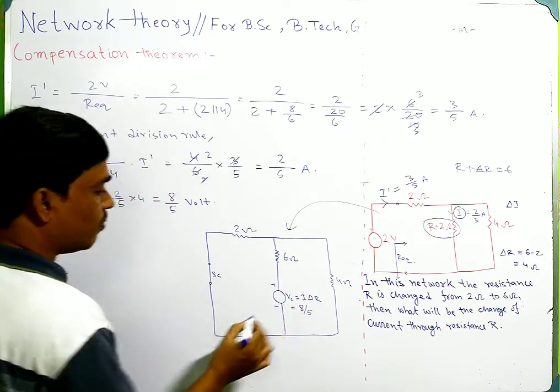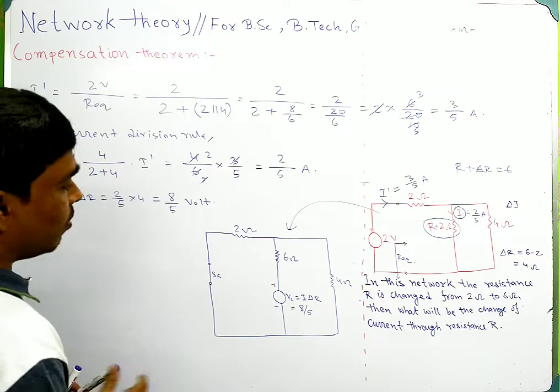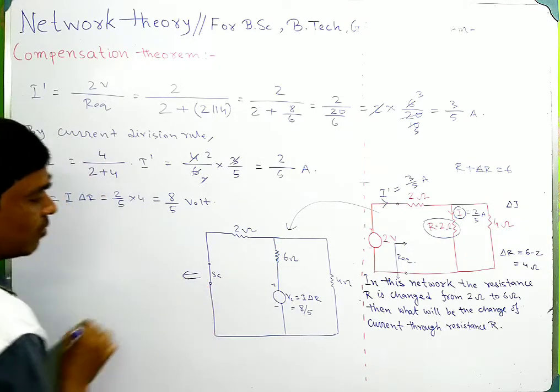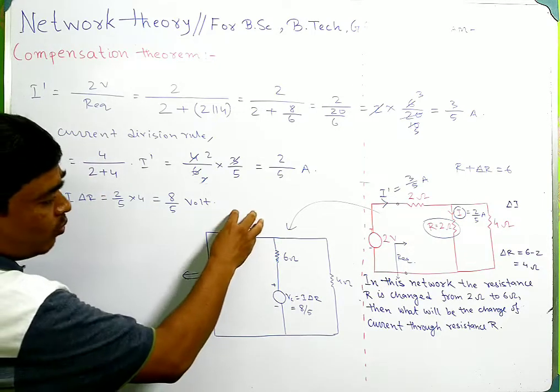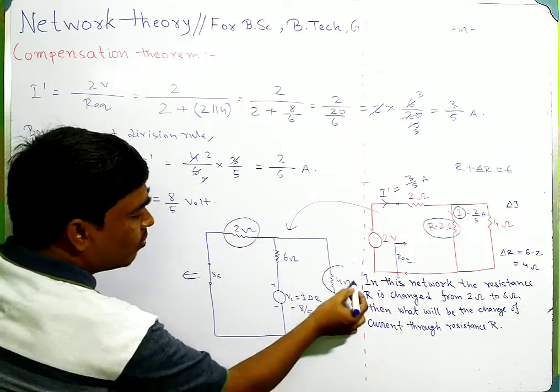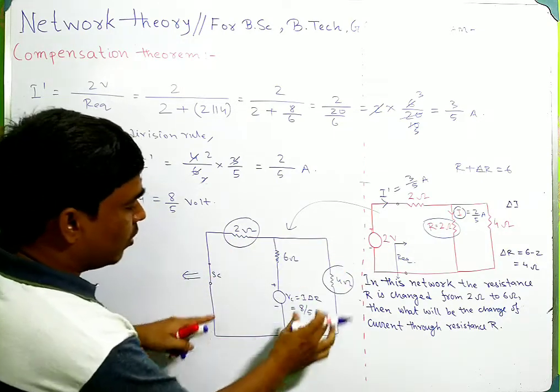This is plus minus. Okay, this is 8 by 5 volt. Now this circuit can be redrawn: these two resistances, 2 ohms and 6 ohm, are in parallel.